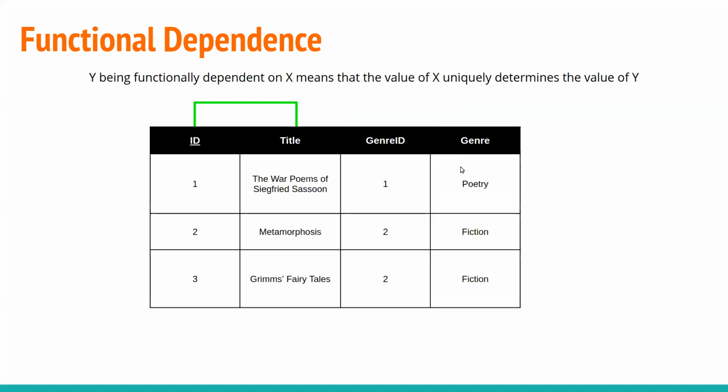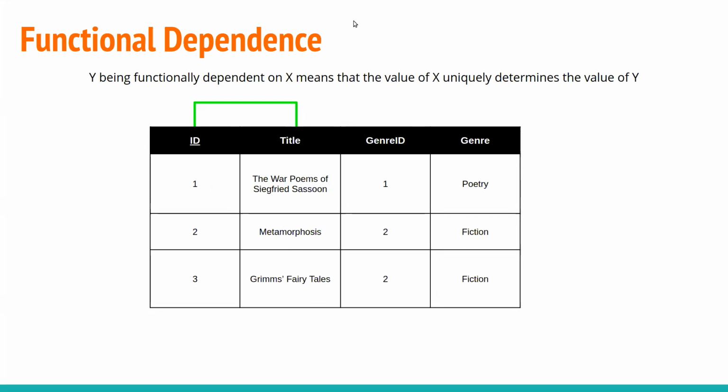If you know the ID is 2, you can determine that the genre is fiction. If you know the ID is 3, you can determine that the genre is also fiction. So the important thing here is that the ID is uniquely identifying each record. But this word uniquely, it's saying uniquely determines the value of y.